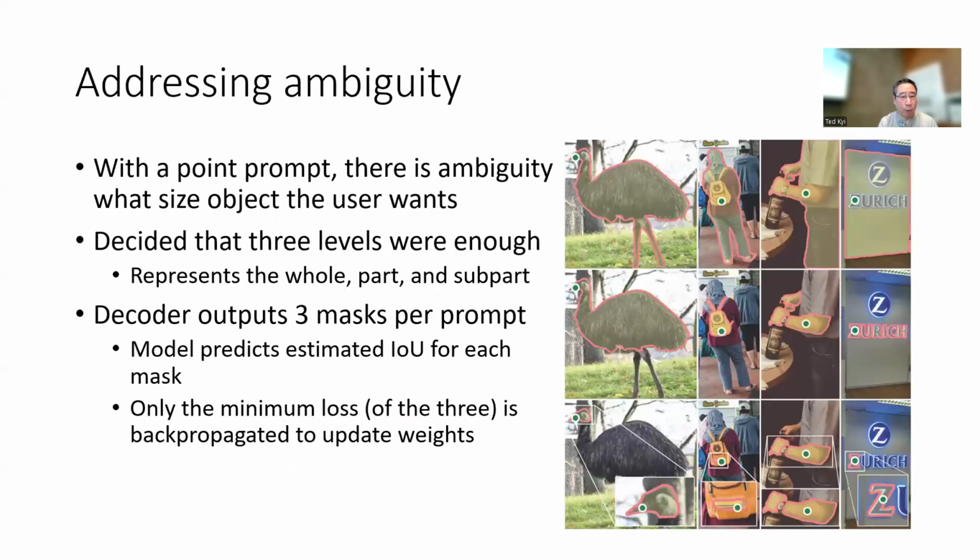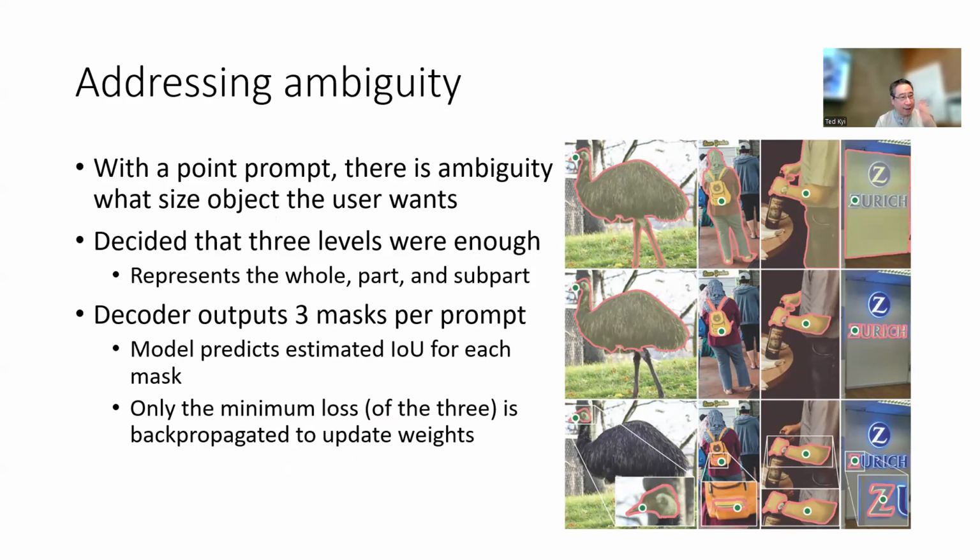A little more detail about one other thing. There's this idea that if I just give it a point, look at the left-hand column: is this an ostrich, an emu? I don't know. If you just clicked right here on the head, did you want the whole bird? Did you want the body? Did you want just the head?